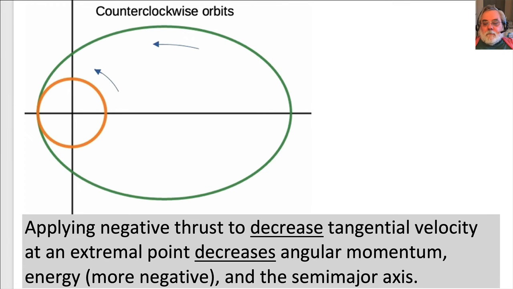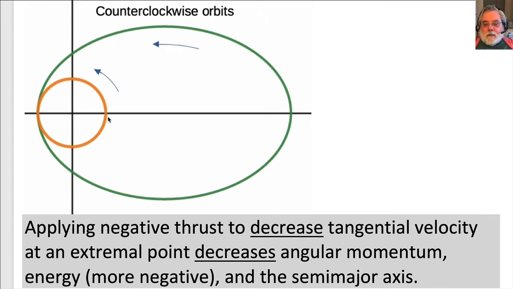Now, applying negative thrust to decrease tangential velocity at an extremal point decreases the angular momentum, the energy, and the semi-major axis. So if we're in the green orbit and we apply negative thrust here at perigee, it'll produce a shorter ellipse or a circle like this orange circle.